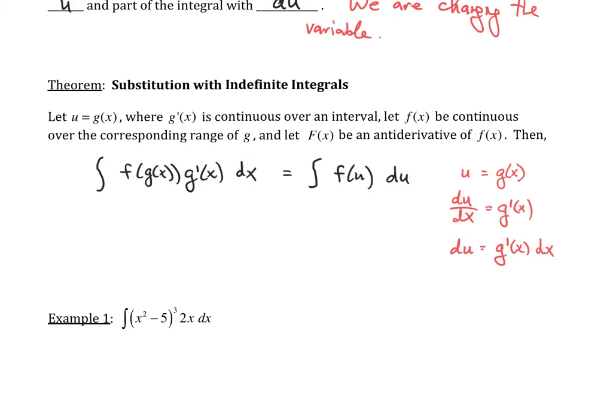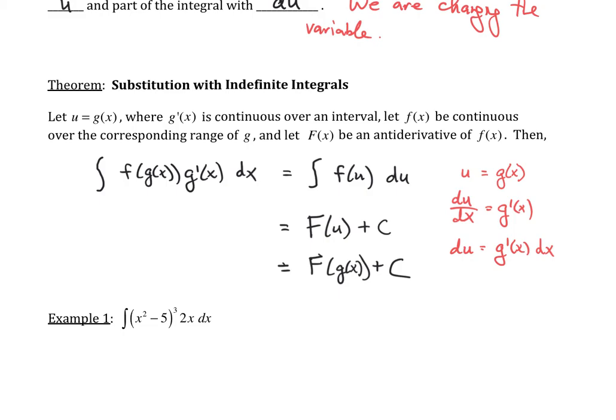Then what I'm going to do next is find the antiderivative. We had already said that the antiderivative of lowercase f is going to be capital F of u. And we always have a family of functions resulting, so this will be plus c. And then finally, we would substitute our u back, so we'd have capital F of g of x plus c.